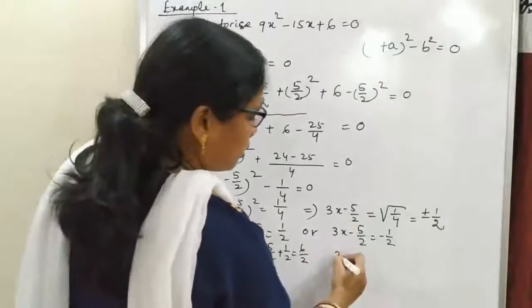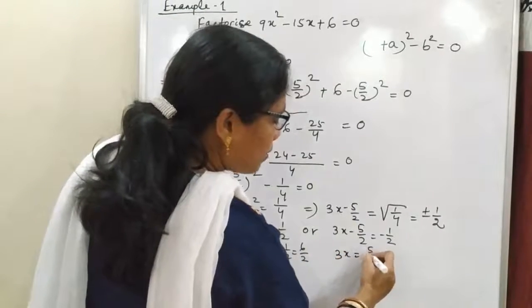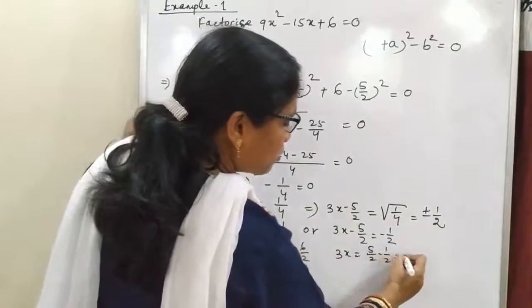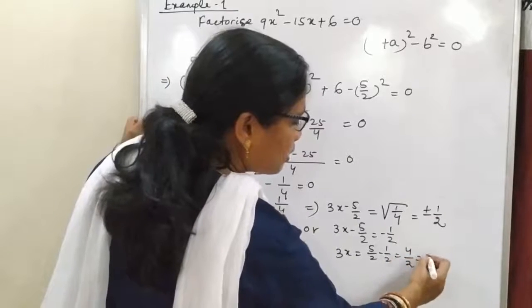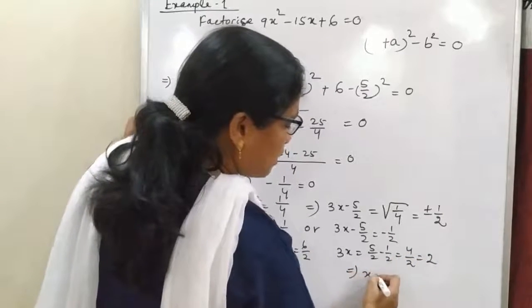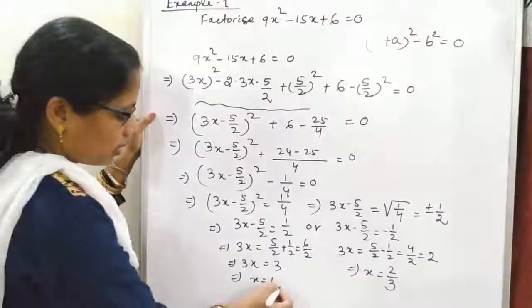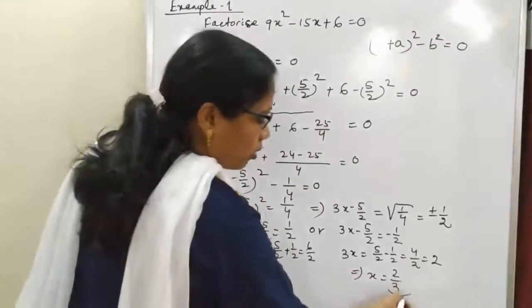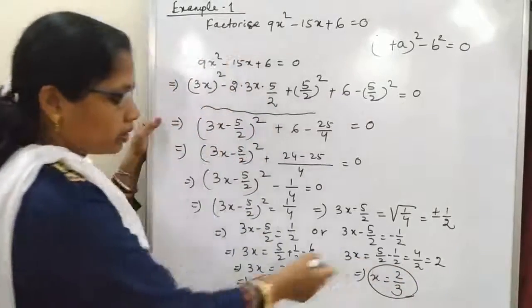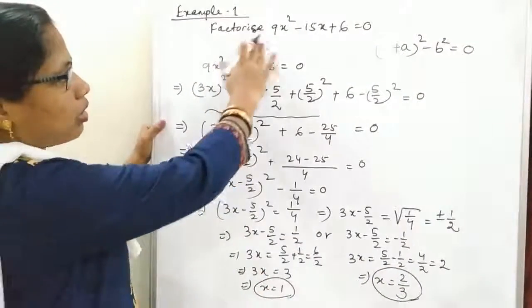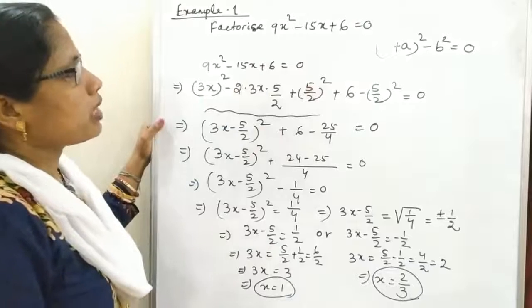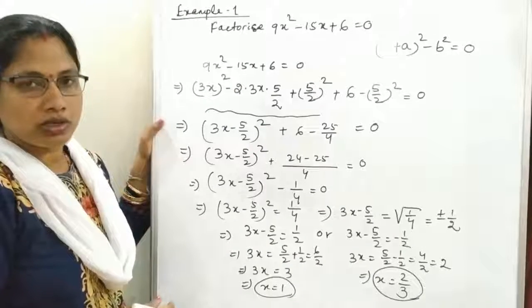Then 3x is equal to 5 by 2 minus 1 by 2, that is 4 by 2, that means 2. So x is equal to 2 by 3. So here we got either x is equal to 1 or x is equal to 2 by 3. These are the two zeros of this quadratic equation 9x square minus 15x plus 6 is equal to 0.